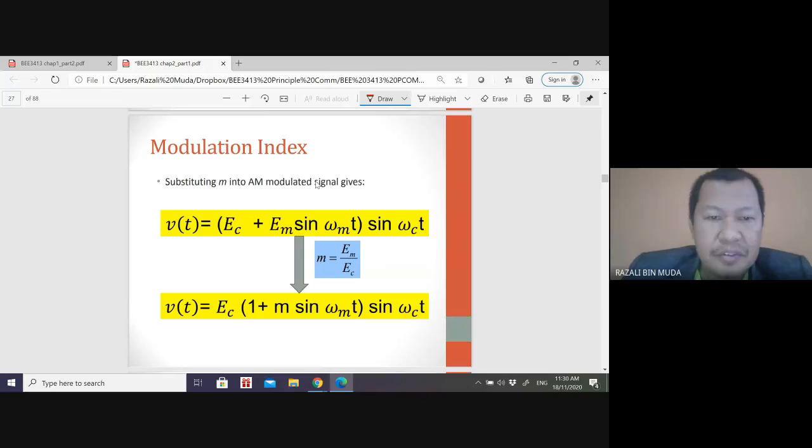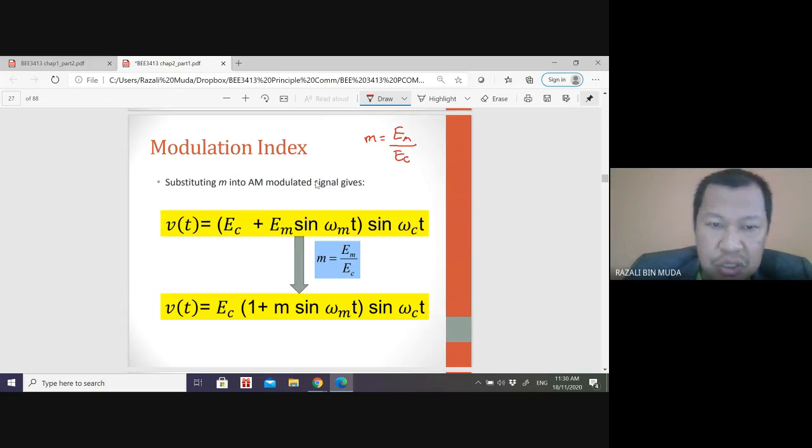Okay. Substituting M into the AM modulated signal. We know that M equals EM over EC.